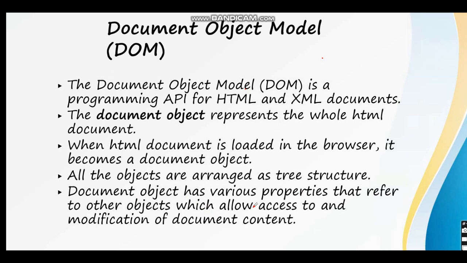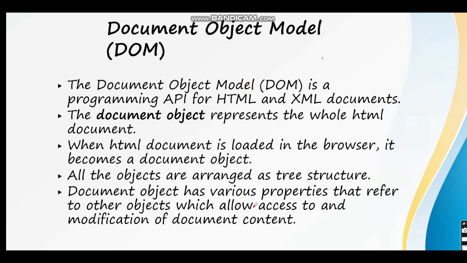Okay, so basically here the object is nothing but the whole HTML document. Whenever your page is loaded onto the browser, then the one document which is opened is nothing but the document object. And the way that document content is accessed and modified is called the document object model or DOM.